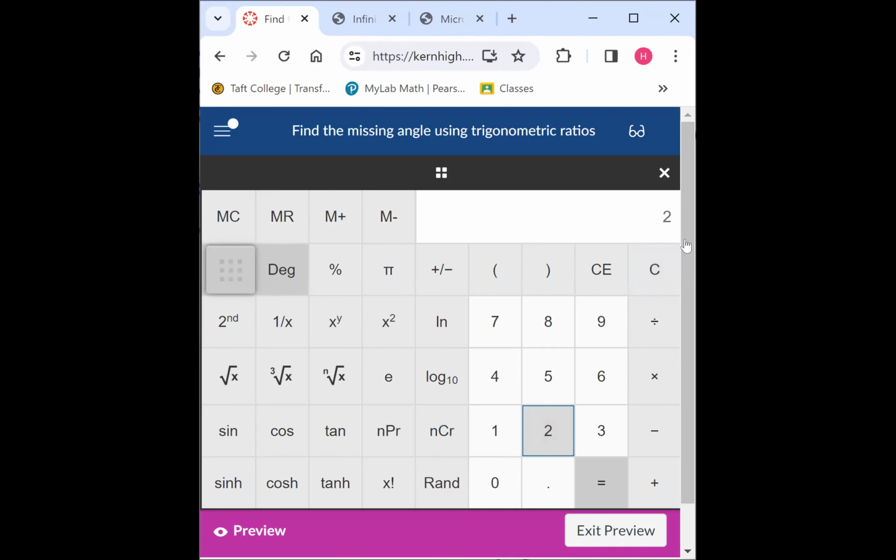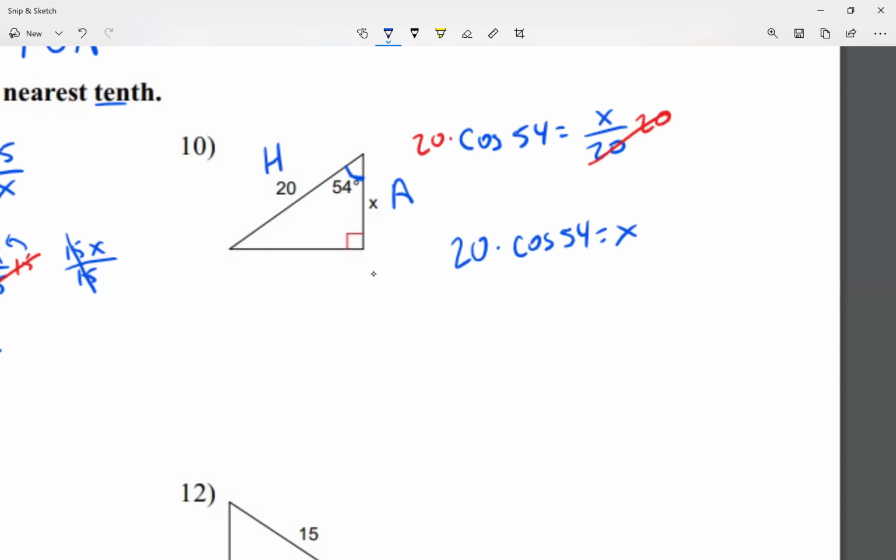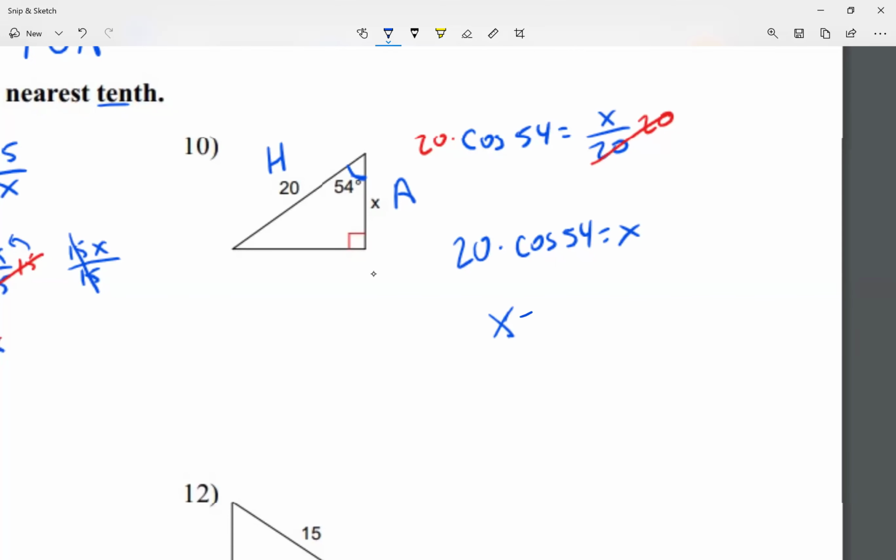So I'm just going to go 20 times cosine of 54, close parentheses, equals, I'm going to round it to 1 decimal place. So I'm going to call this 11.8. We should know how to round already. So 11.8. Let me come back to my work. X equals 11.8.